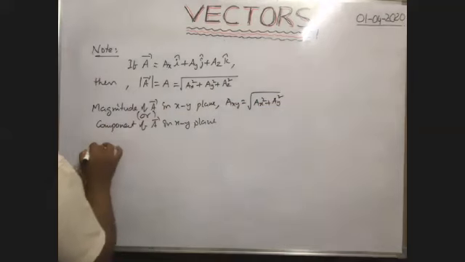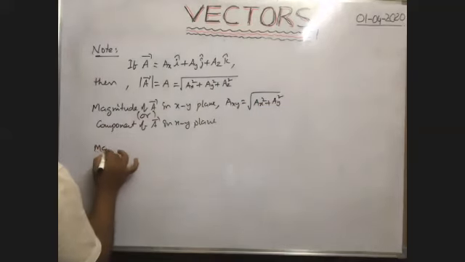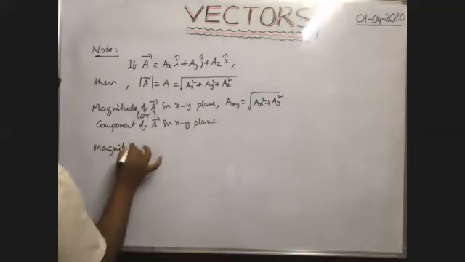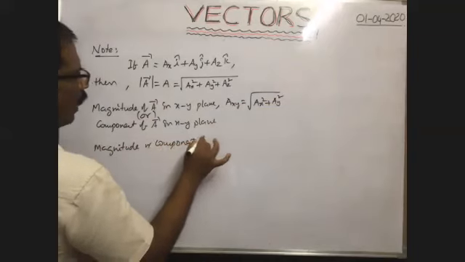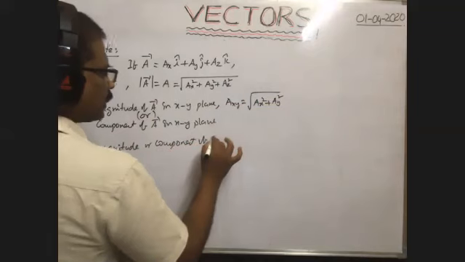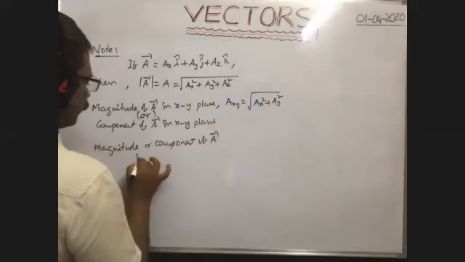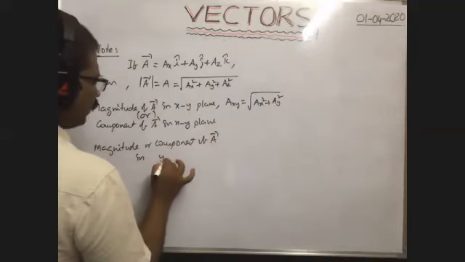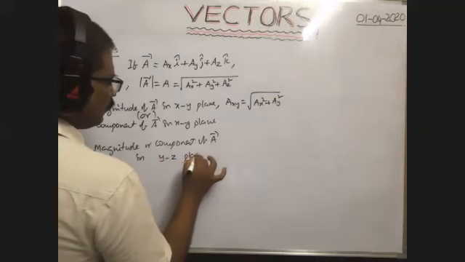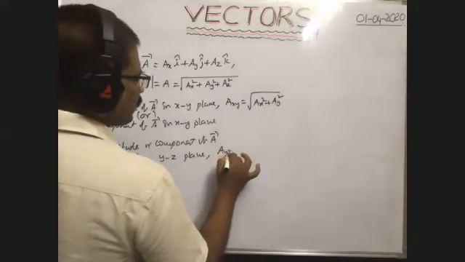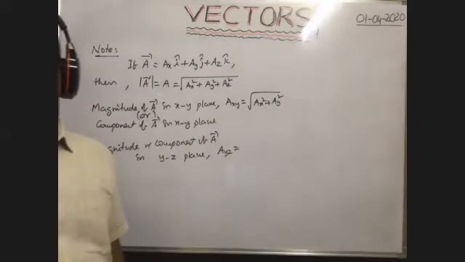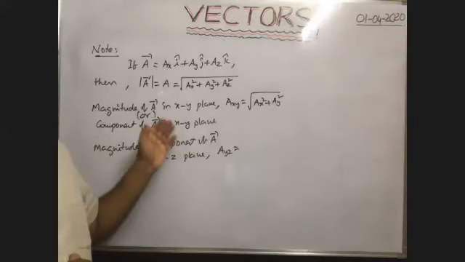Similarly, the components of a bar, that means the given vector in the yz plane. In the yz plane means ayz, that is equal to how much? In the yz plane, what is the magnitude of this component of this vector a bar?